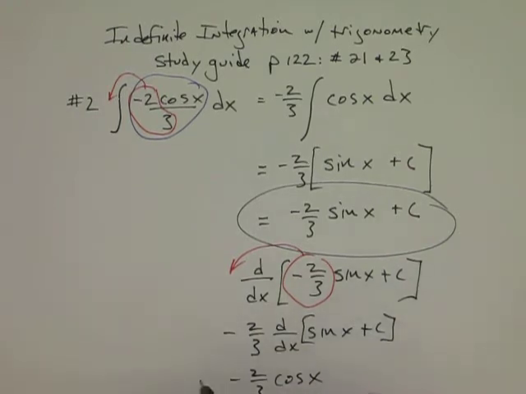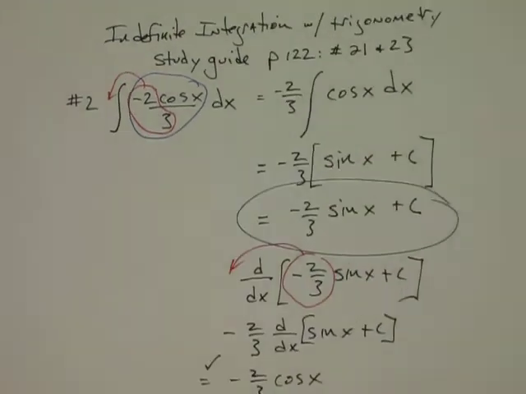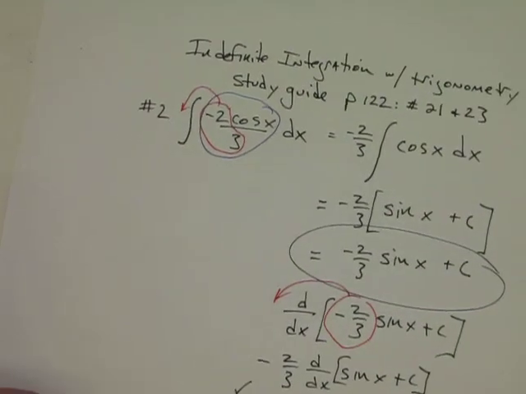And so we can see that this is the correct answer because we get back the original function that we started with, -2 cosine x over 3. Okay, that was a pretty straightforward and simple problem. Let's do one that's a little bit more complicated here.